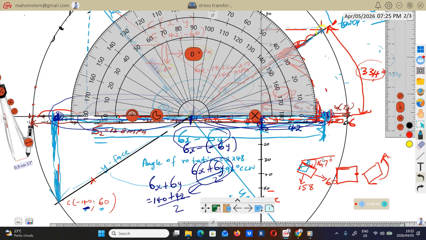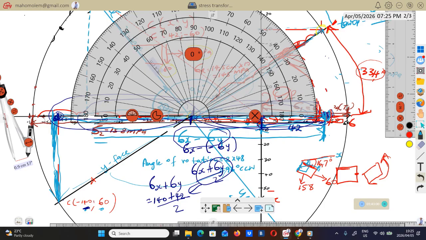So 16 is from this here, from X. This is our reference. It's from horizontal to this plane number 1. And then plane number 2 is this one. So on this plane, shear stress will be 0 as well. So on these two planes, the shear stress is going to be 0.